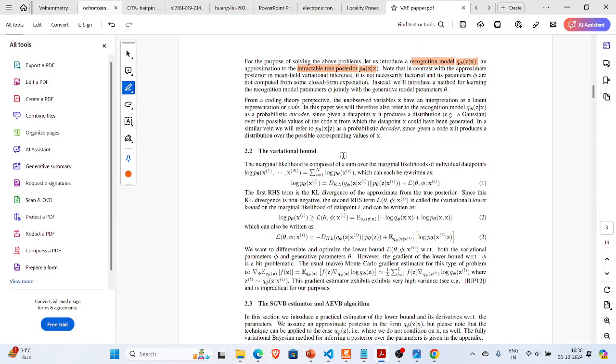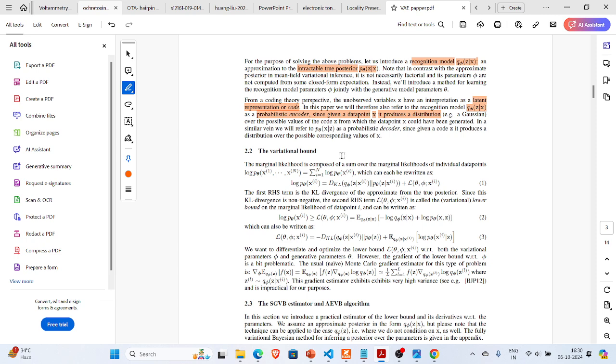Continuing. As you can see, first we are trying to find a lower dimensional z from a higher dimensional x. So z is called a latent representation or code, a coded representation. This is called a probabilistic encoder, because it produces a distribution.